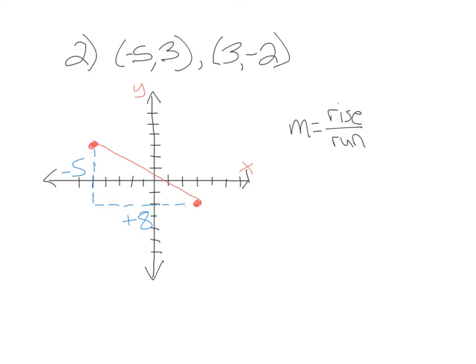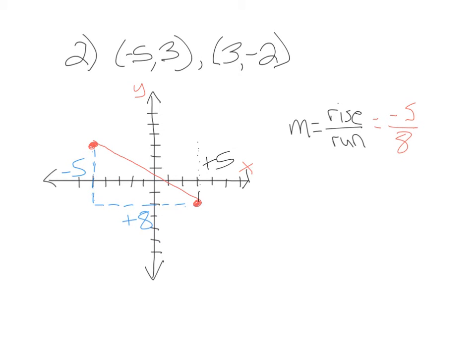So my slope, rise over run, that's equal to -5 over 8. Another way you could do this, let me get a different color here. You could start over here on the right point. So if I wanted to, I could go up 5.